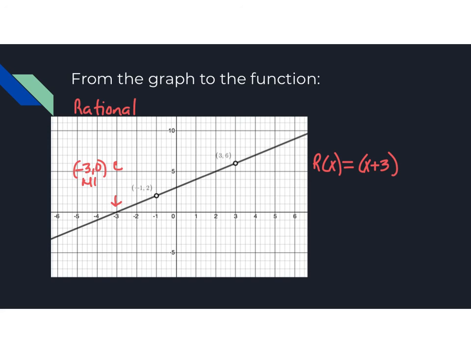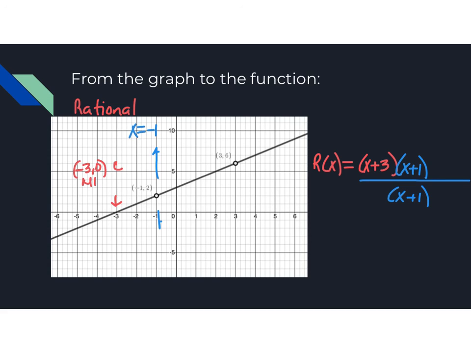I have a hole here where x equals -1. That should have been the location of a vertical asymptote, which means it should be the factor x plus 1 in my denominator. But remember, it canceled out to create that hole, so I have to multiply that factor in the numerator as well.